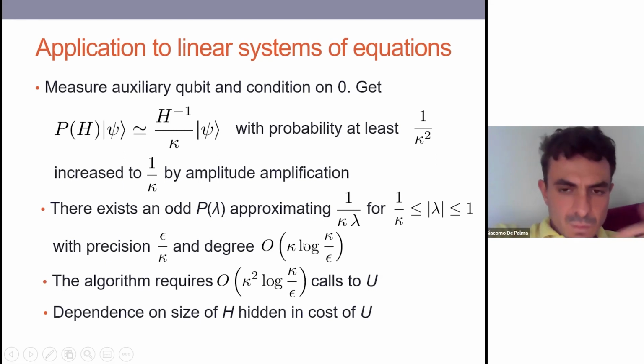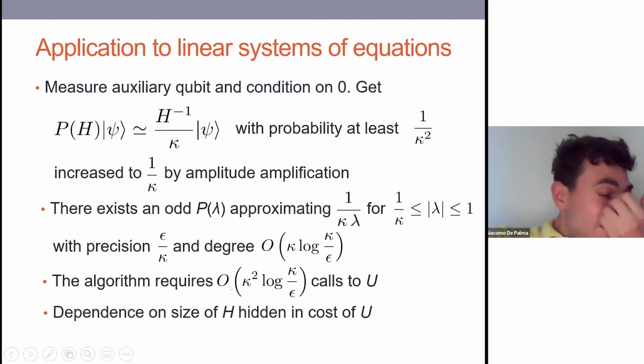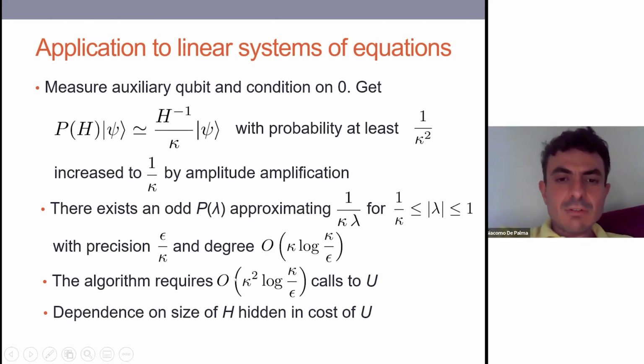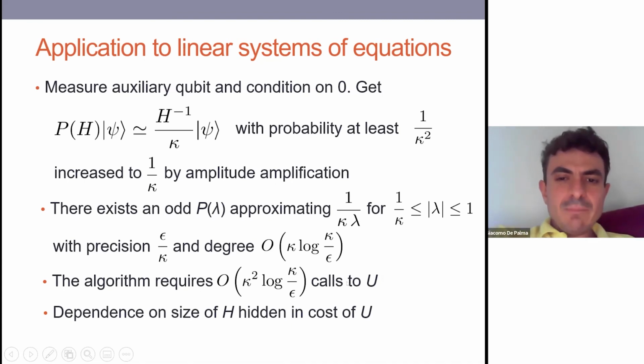So I told you that we have a success probability 1 over kappa, and then we have to repeat this algorithm kappa times before success. And then the overall complexity is order kappa squared logarithm of kappa over epsilon, which is the number of calls to U which are required to run the algorithm.